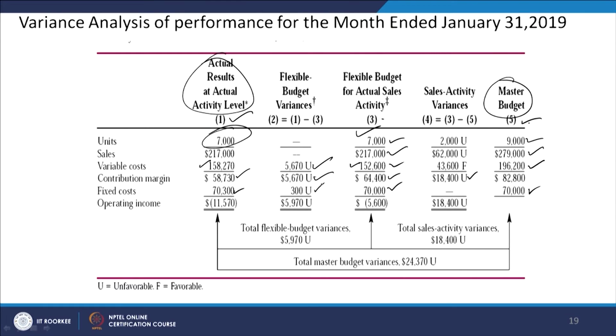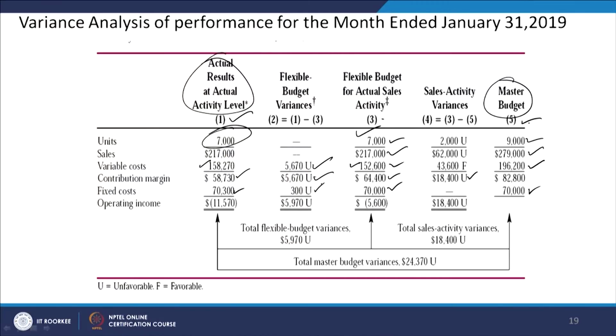In the case of the variable cost, we can accept that maybe the cost of material has gone up during the period of actual performance. Maybe at the time of preparing the budget the price was different, but while purchasing from the market the price of the material has gone up, or maybe because of some wastage of material the cost has gone up.